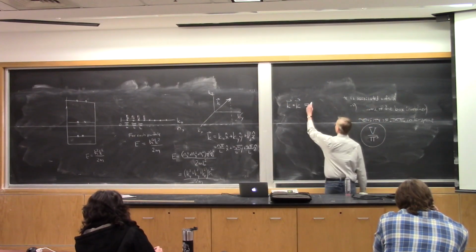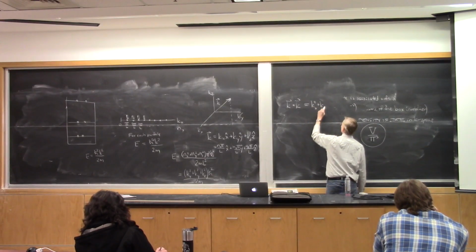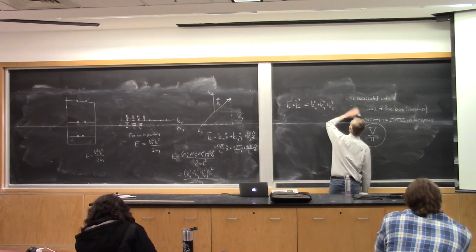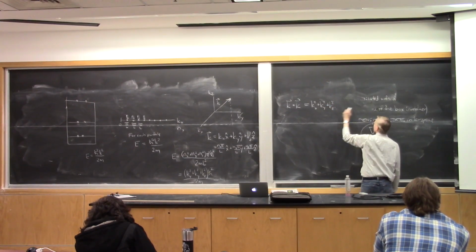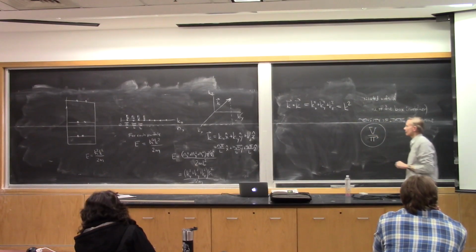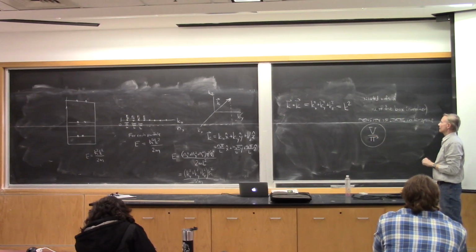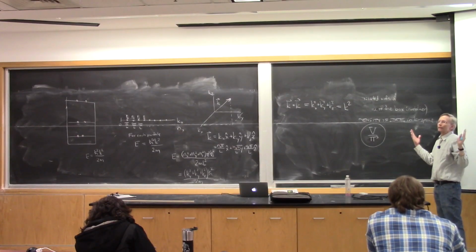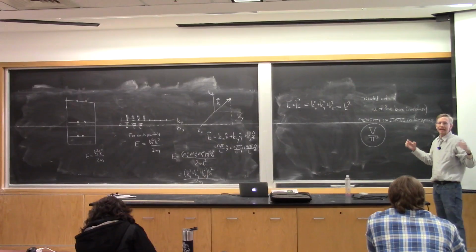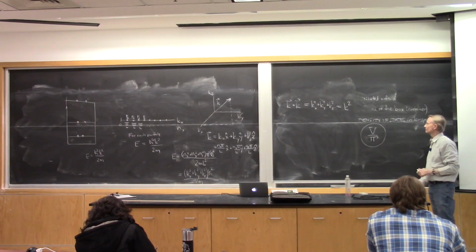So k dot k is kx squared plus ky squared plus kz squared. And like usual, we just call that k squared without the arrow on it, in other words, the magnitude of k squared.